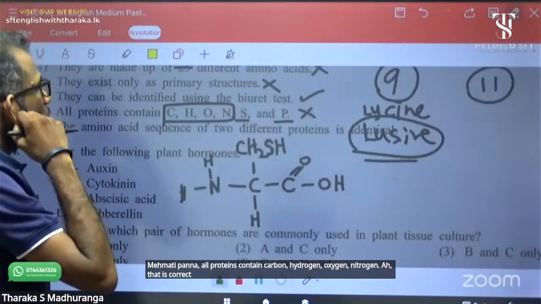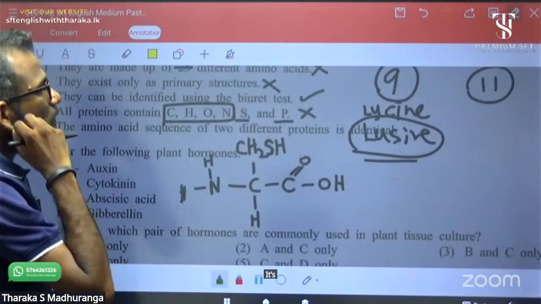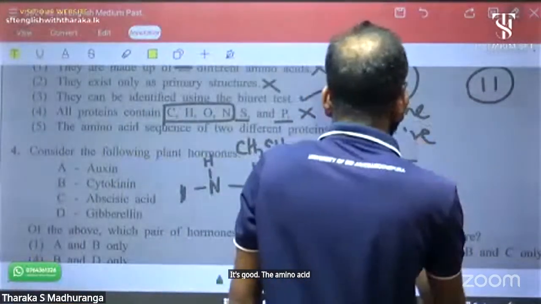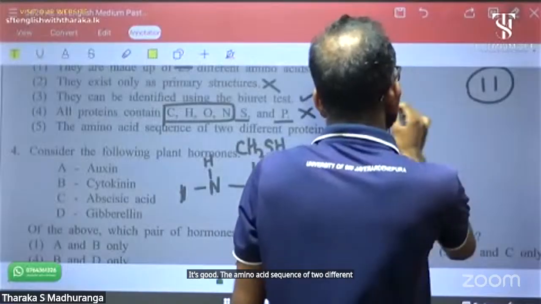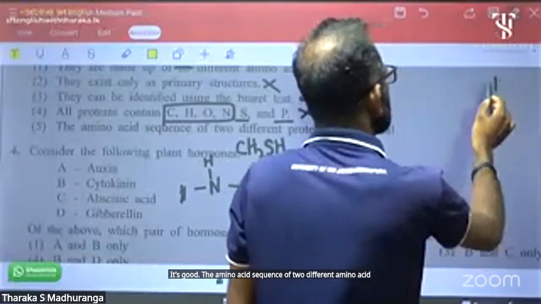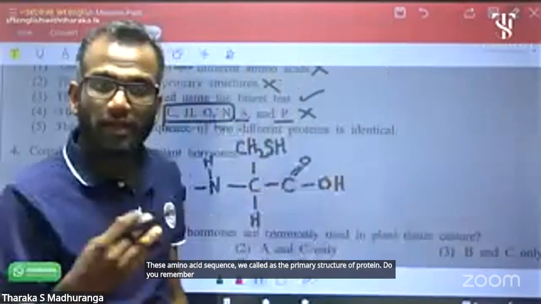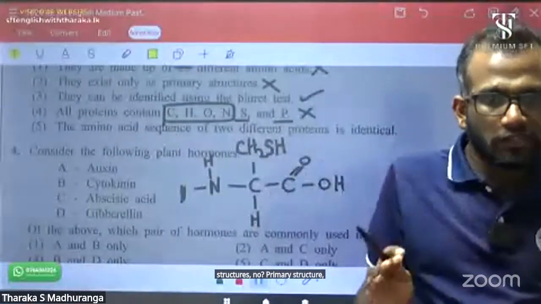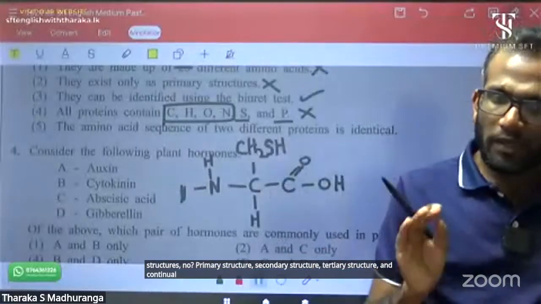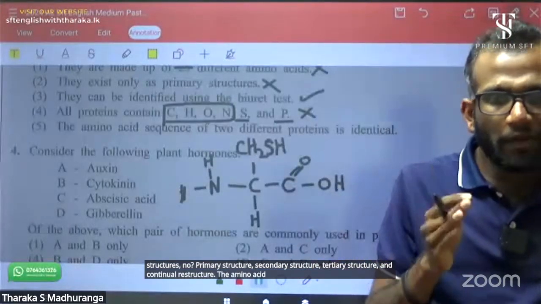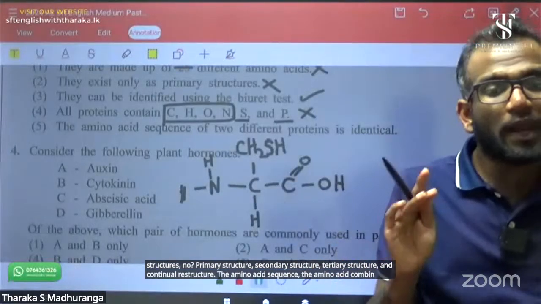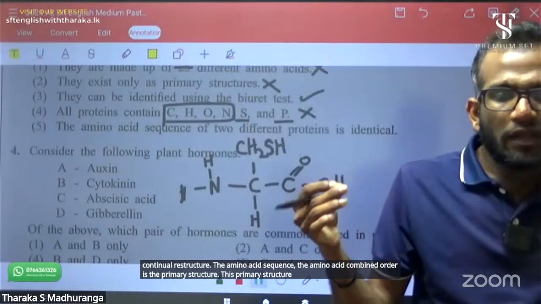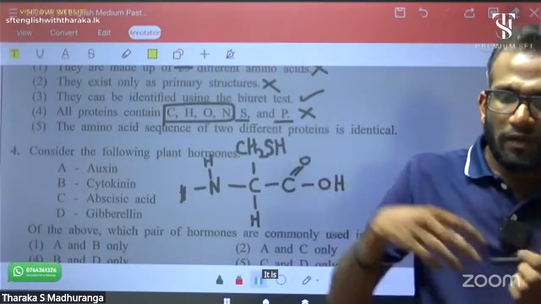The amino acid sequence of 2 different proteins being identical is completely wrong. This amino acid sequence we call the primary structure of protein. Do you remember? I told you there are 4 main structures, no? Primary, secondary, tertiary, and quaternary structure. The amino acid combined order is the primary structure. It is specific for whatever protein.